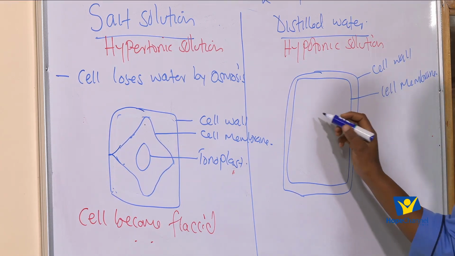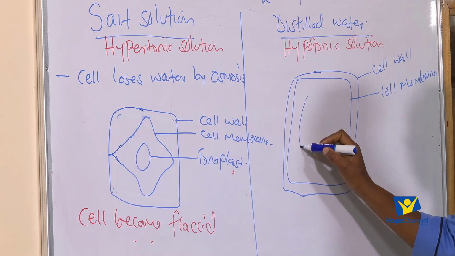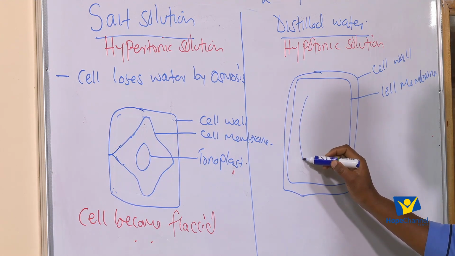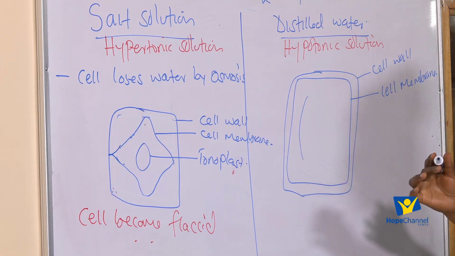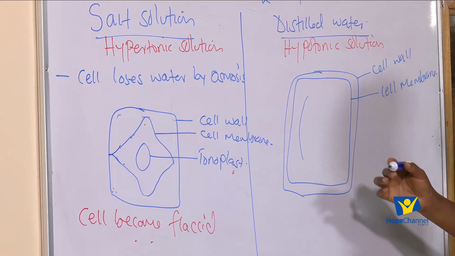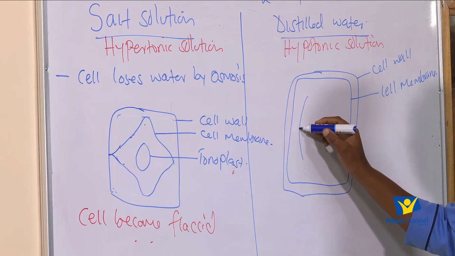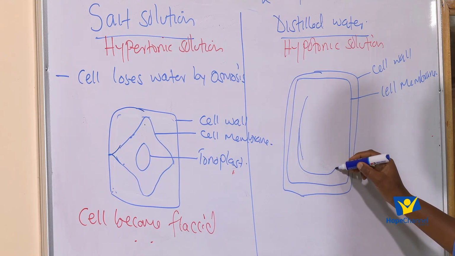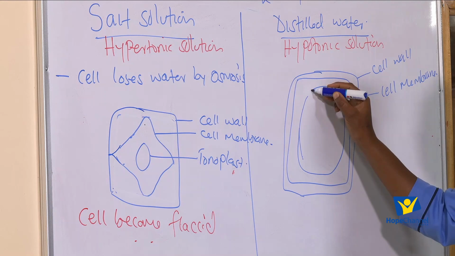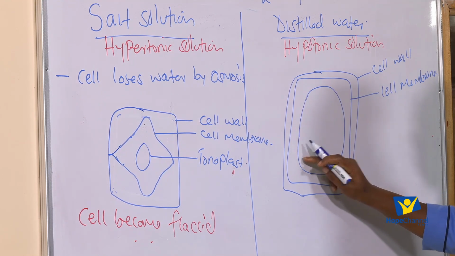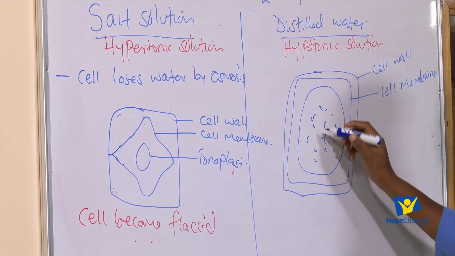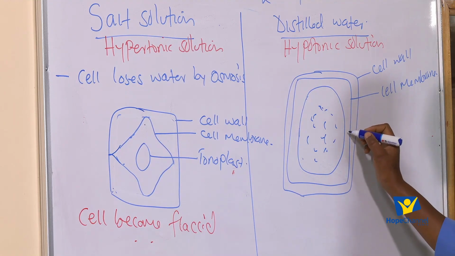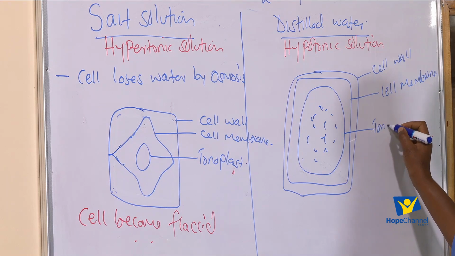Now we expect the cell to draw in water, and the tonoplast now will swell because there is a lot of water in the cell. At this point, if you are very keen, you will see that here is the sap vacuole, and then this is the cell membrane, this is the tonoplast.